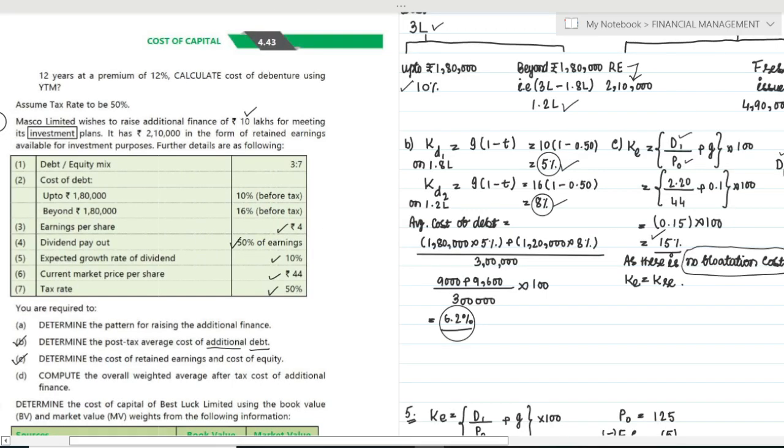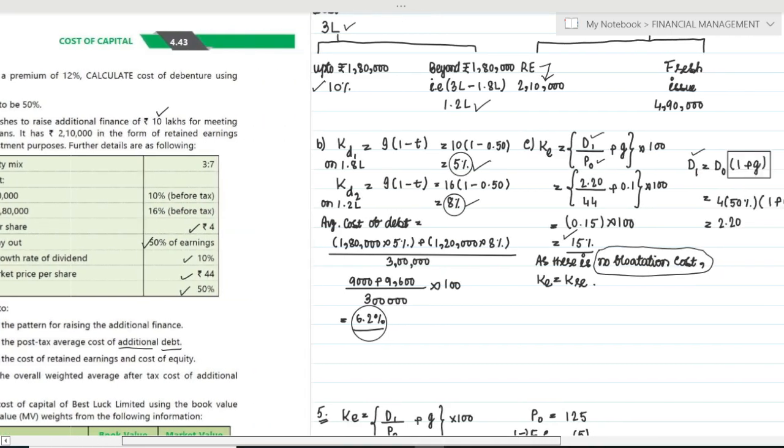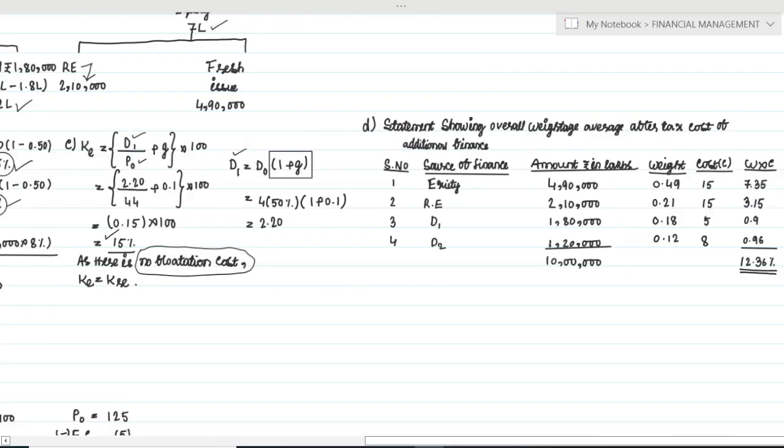The requirement of point number D is compute overall weighted average after tax cost of additional finance. So this is the solution of point number D. This is an easy point.